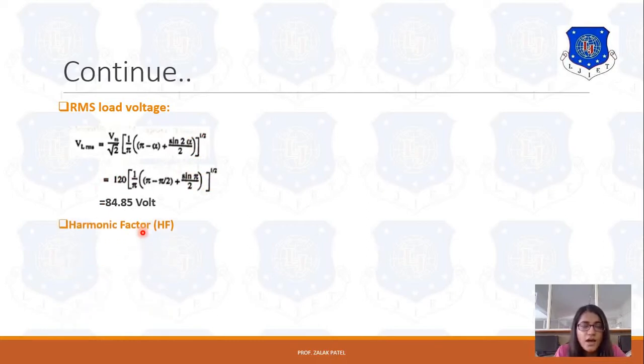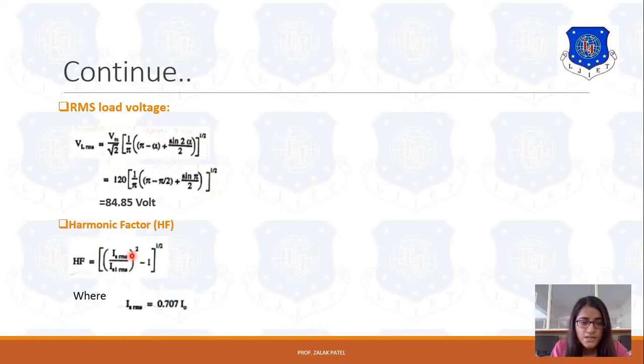Next is about the harmonic factor. It is given like this: HF equals 1 upon CDF square minus 1 raised to 1 by 2. So first we have to find out the individual terms, IS RMS, meaning the supply current, as well as the fundamental component.